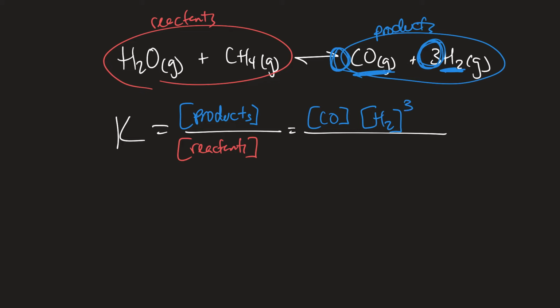Divided by the concentration of water, H2O, which only has a 1, so that's okay. So it's H2O to the first power, and then methane, which also has a coefficient of 1, so times CH4 to the first power. So this is the equilibrium expression for this chemical equation.